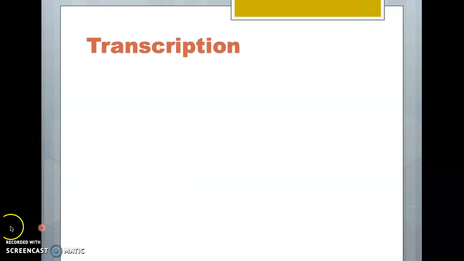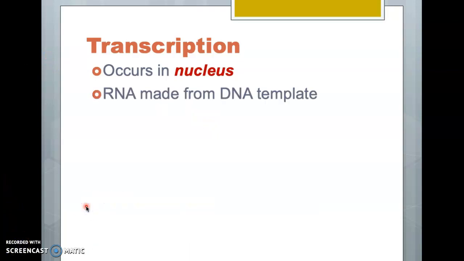So in transcription, the main thing to remember is this is happening in the nucleus. And again, this is when RNA is made from the DNA template. And we don't have to worry too much about this, but just FYI, it's the 3' to 5' strand of DNA that's being used.